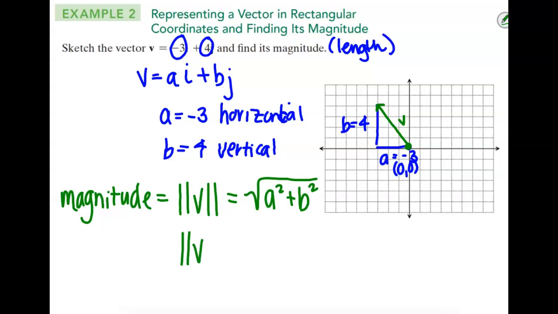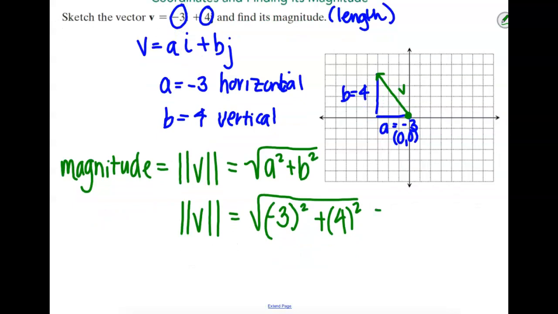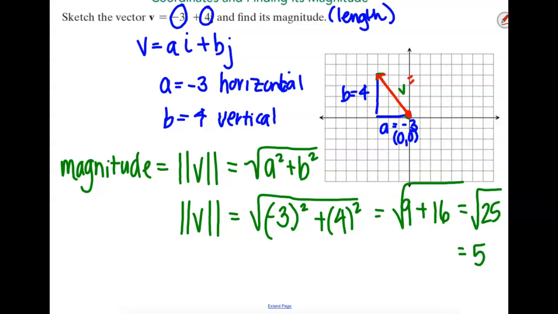So the length of vector v equals negative 3 squared, that's your a value, your horizontal distance, and then your b value, which is 4. Square those numbers, 9 plus 16, add them up, square root it, and you get 5. So this distance from the origin out to that point is a distance of 5.